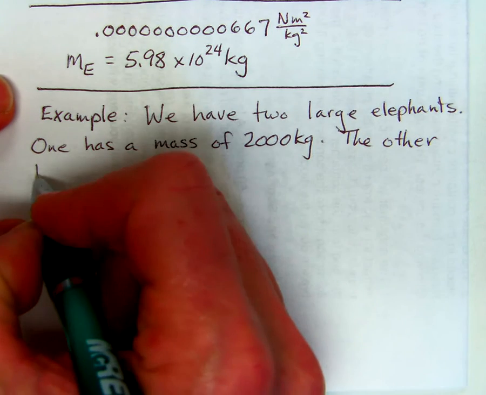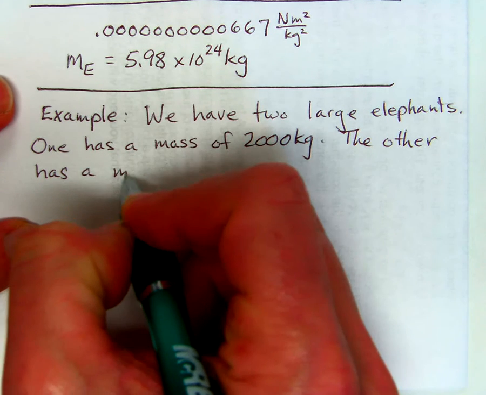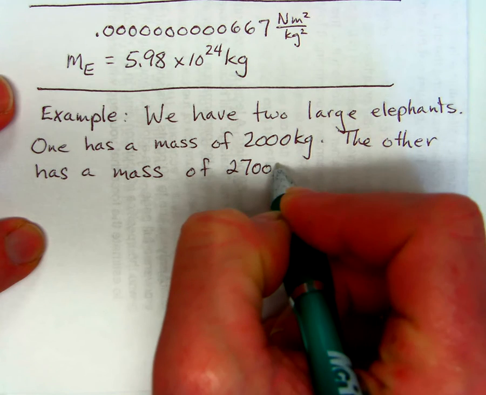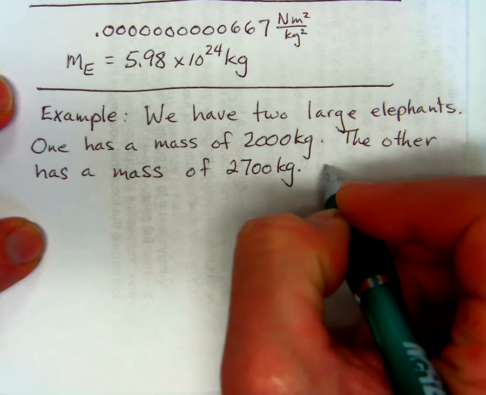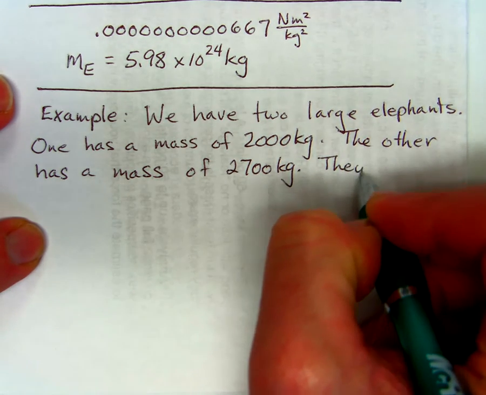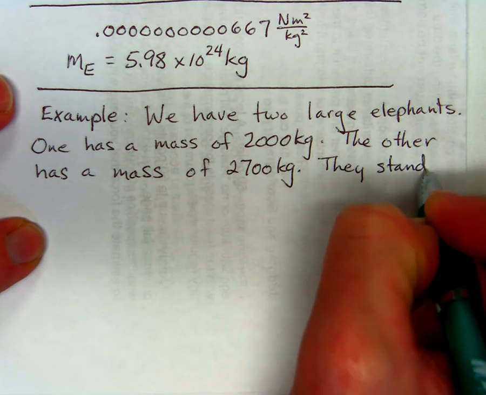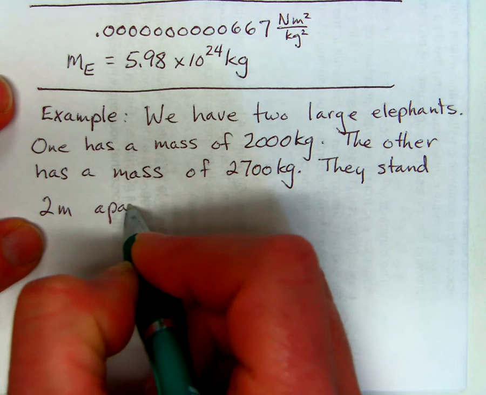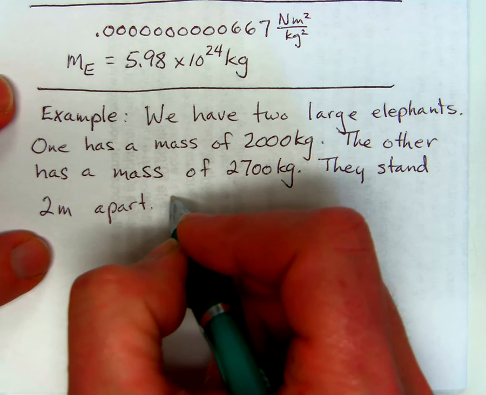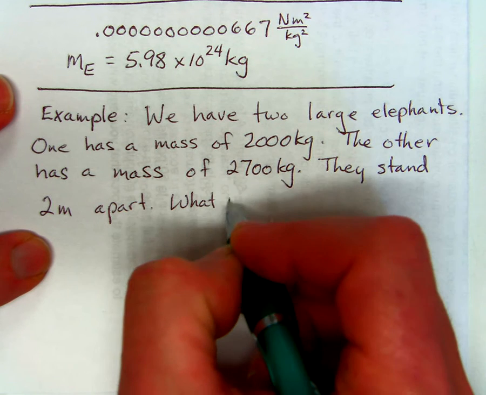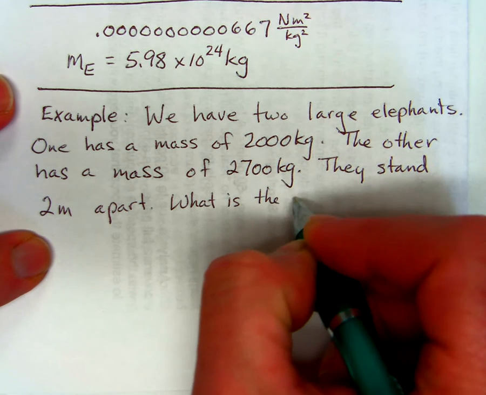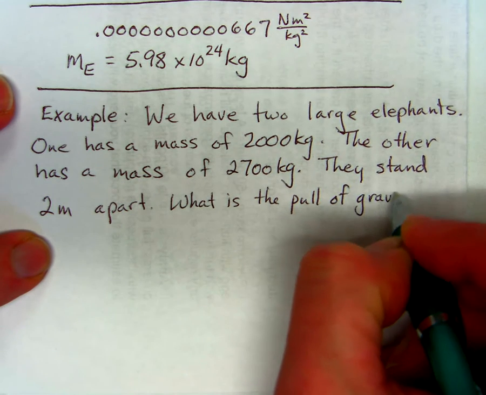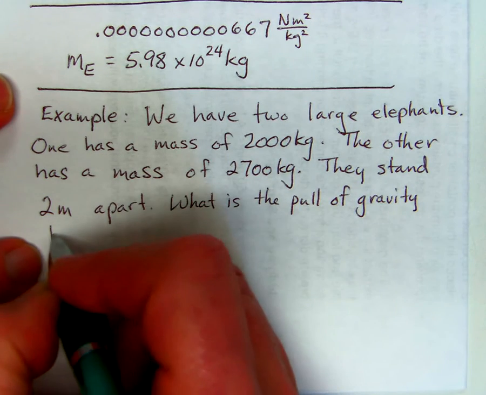The other has a mass of 2,700 kilograms. They stand 2 meters apart. What is the pull of gravity between them?